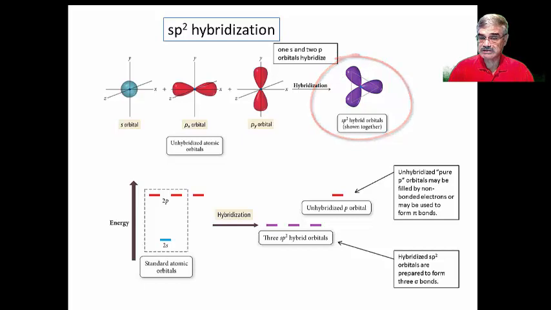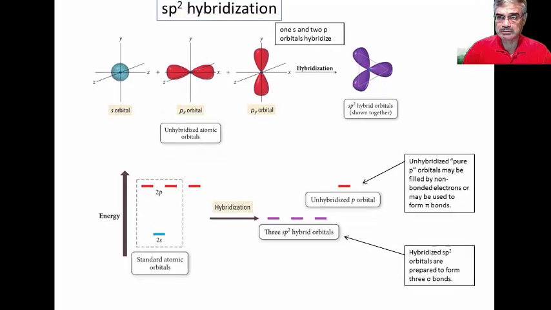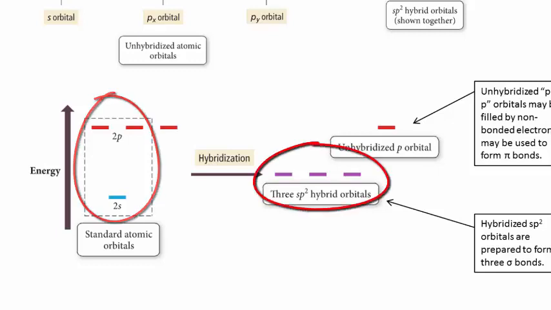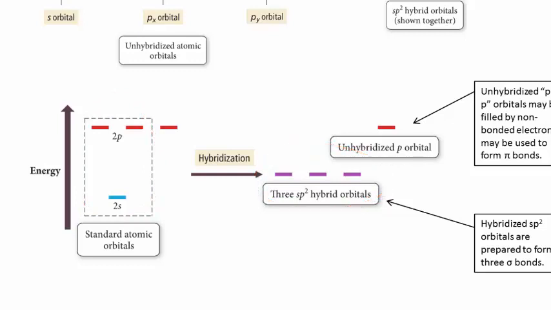Sketching this out in terms of energy levels, as we did in the previous slide, again I show what unhybridized orbitals would look like for s and p, and then for sp2 we essentially lasso or loop in the 2s orbital and 2 of the 2p orbitals to form 3 hybridized sp2 hybrid orbitals.